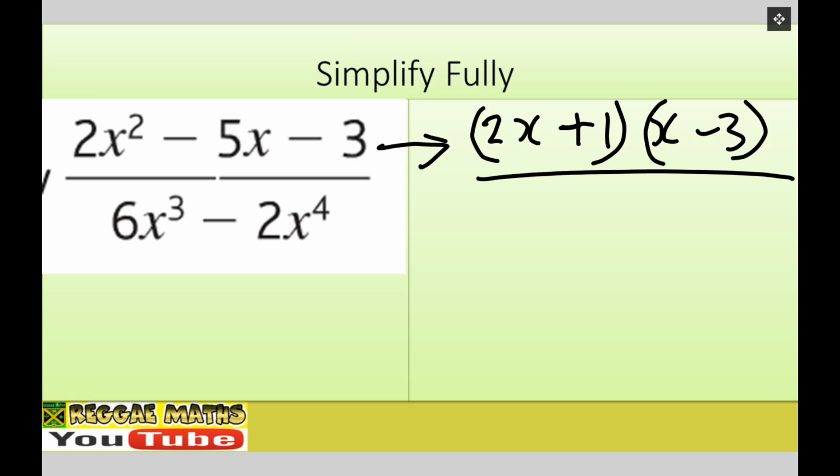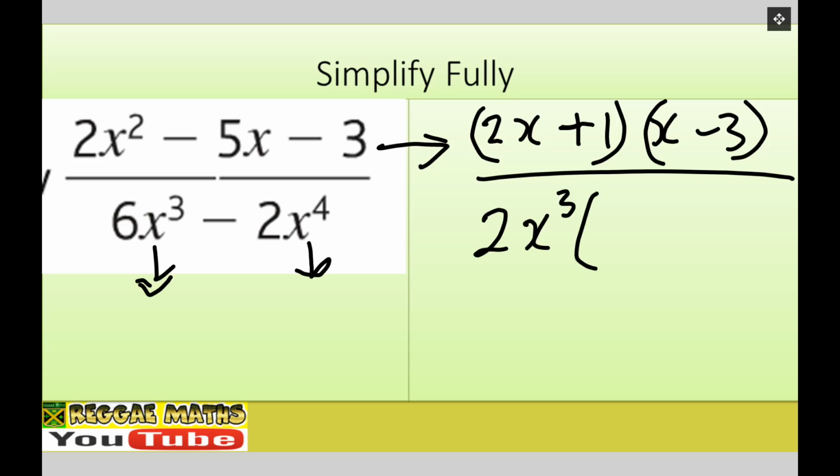So at the bottom here, we've got x to the power of 3, x to the power of 4. So basically x to the power of 3 can go into x to the power of 4. You've got 2 and 6, so outside the bracket you've got 2x to the power of 3.